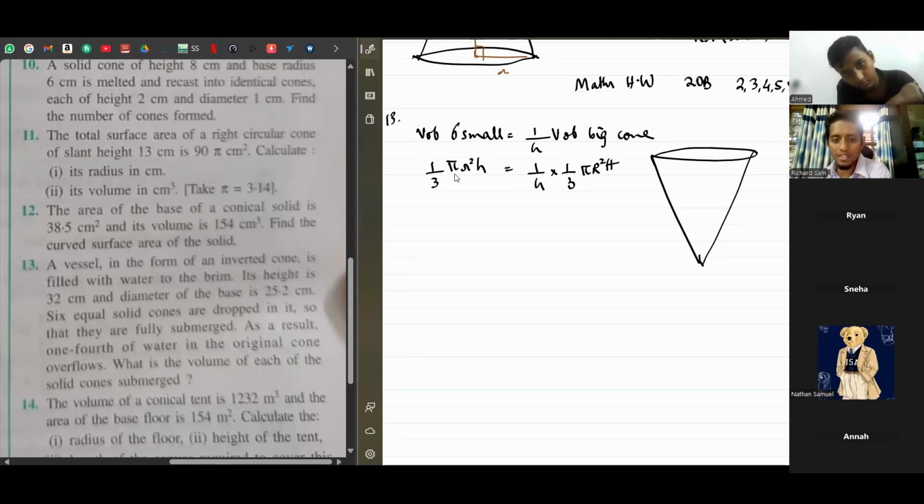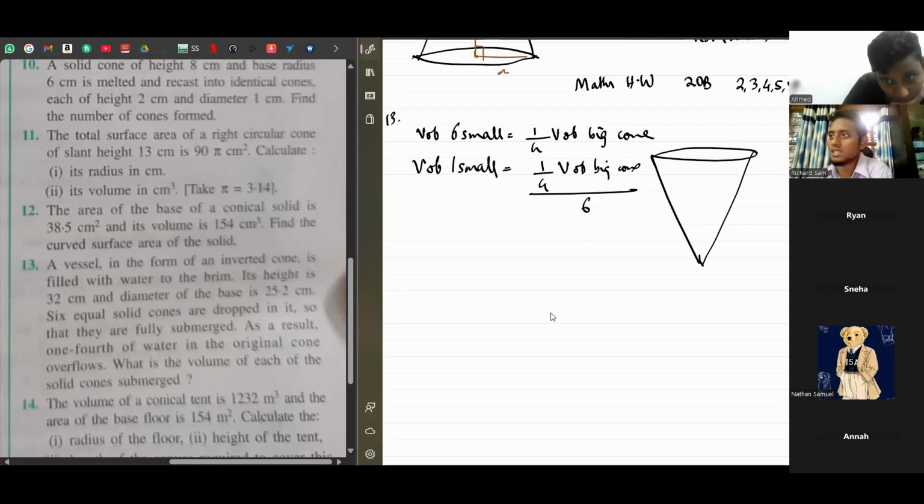Okay, so let us actually come up with a better formula. We want to find volume of one small cone. So what is volume of one small cone? This is volume of 6 small cones, 1 by 4 into volume of big cone. So volume of one small cone will be 1 by 4 volume of big cone, divided by 6.